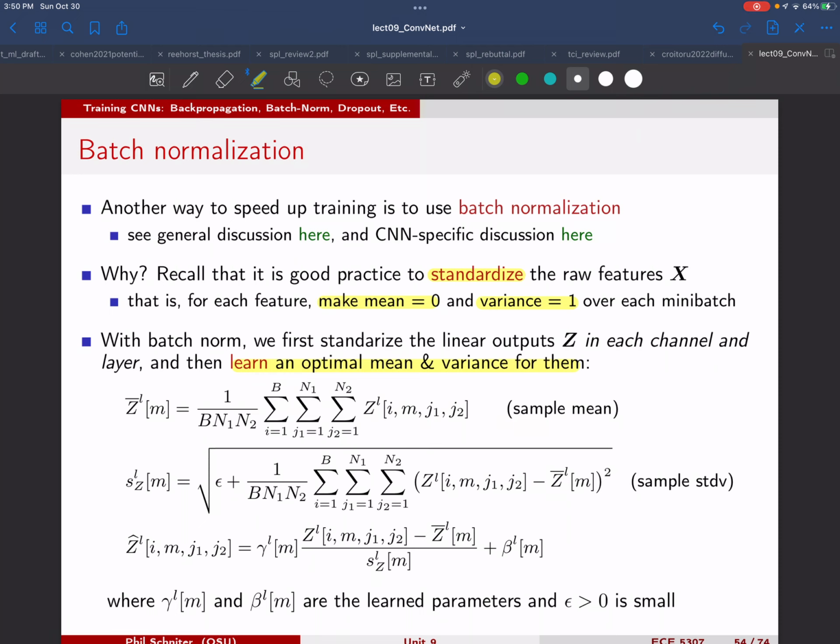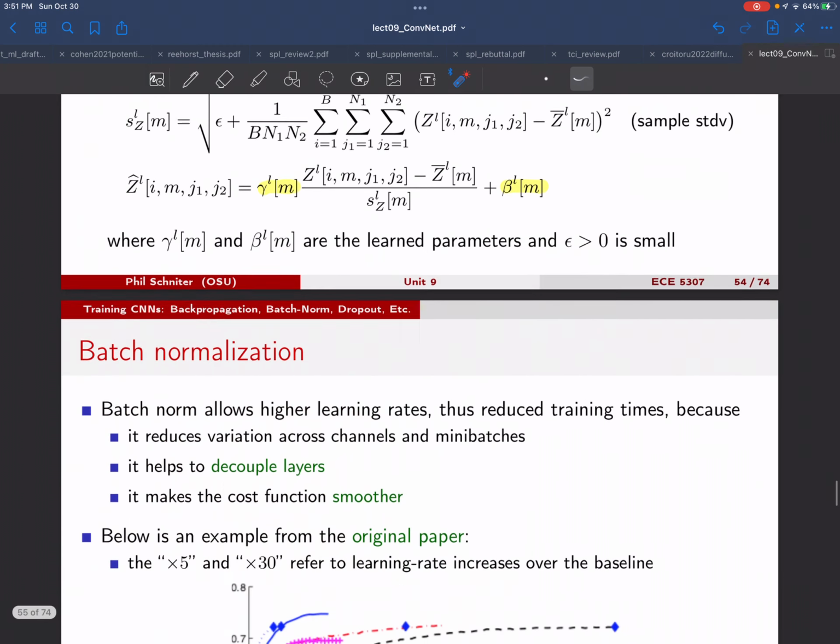Those learnable parameters are this gamma. Gamma LM will scale it. So if gamma LM is 1, the variance will be 1. But if gamma LM is greater than 1, the variance is greater than 1. And then here's your shift. That's basically your learned mean. So you do this standardization, then you do the rescaling, and finally you get this output z hat, which is what's going to come out of that channel and that layer.